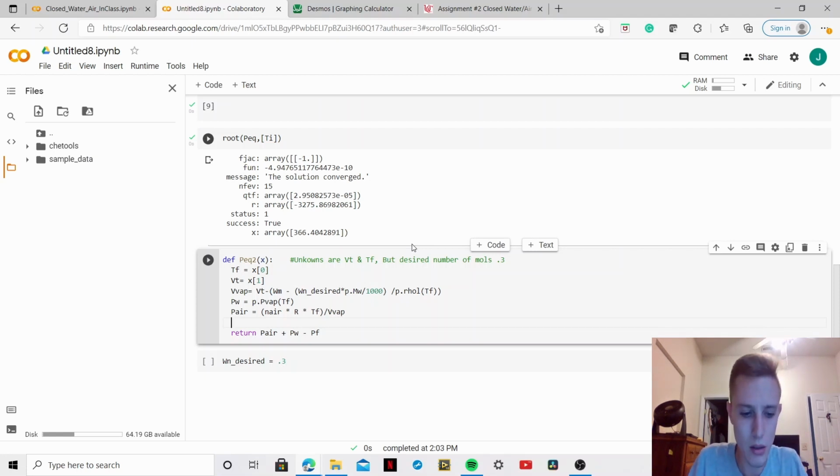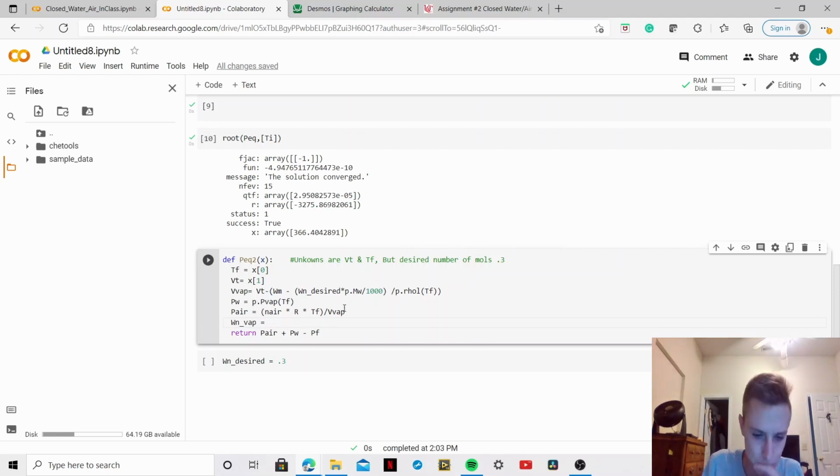So let's say the number of moles of water in the vapor phase, Wn_vapor, equals the pressure of the water, which we already know from up here in the equation above, Pw, multiplied by the volume of the vapor, which we already know, divided by, in parentheses, R times the final temperature. All right, sweet.